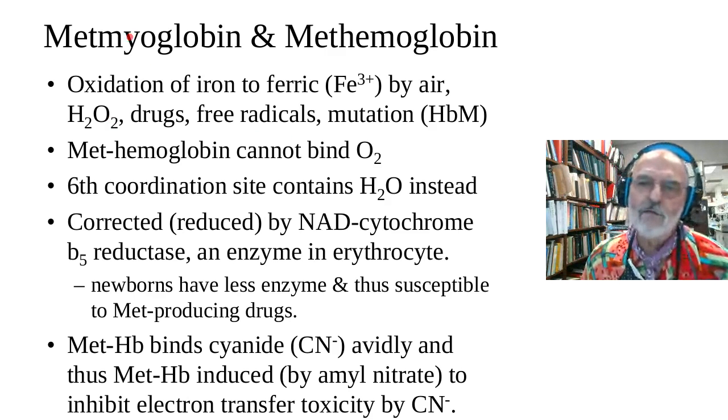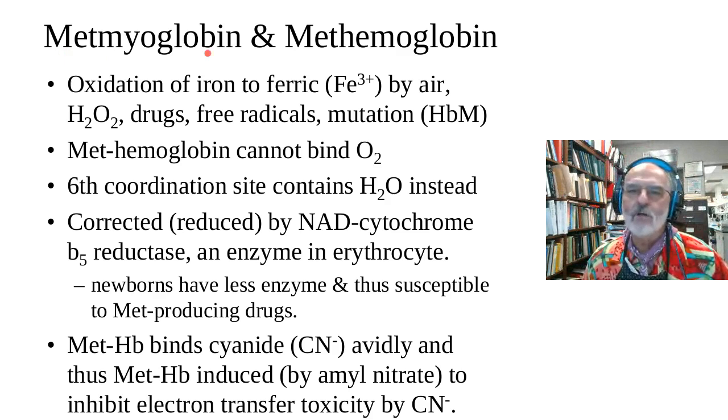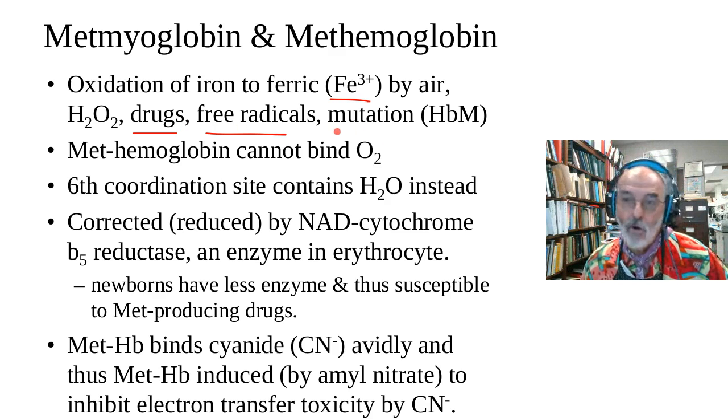Now, there's a form of myoglobin and hemoglobin known as MET, MET myoglobin or MET hemoglobin. This occurs when the iron is oxidized to a ferric or Fe3+. This can occur by air, hydrogen peroxide, various drugs, free radicals, or it can occur in a particular mutation of hemoglobin known as hemoglobin M, okay?